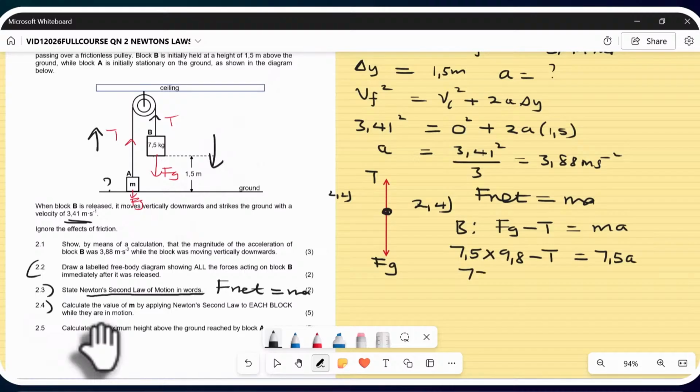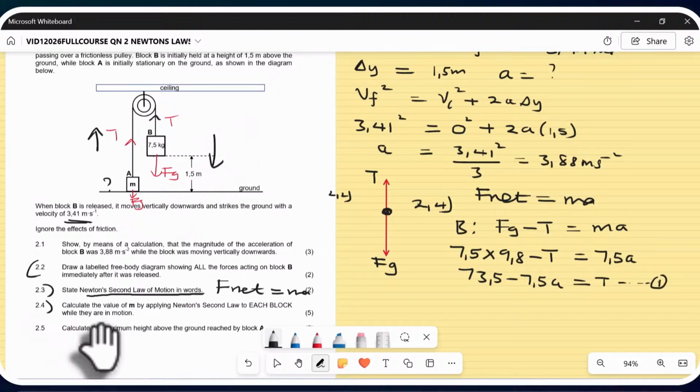Then, if I look at now my block A, it is going upwards. F net equals ma, but the tension T minus Fg equals ma.